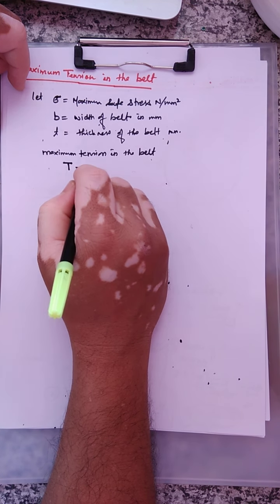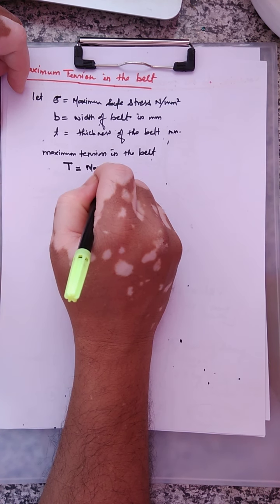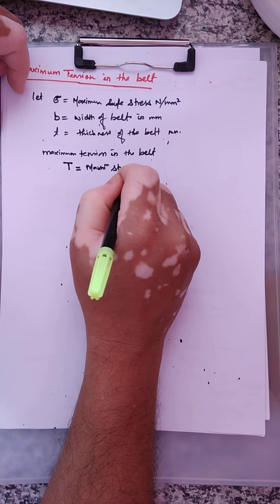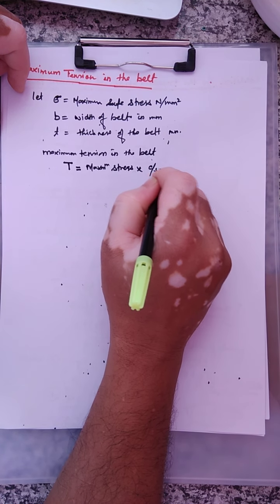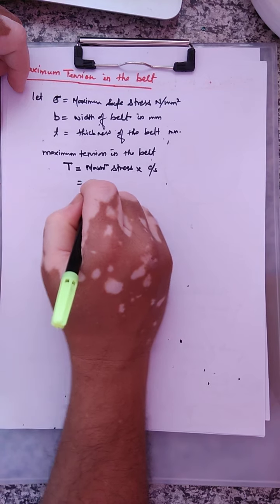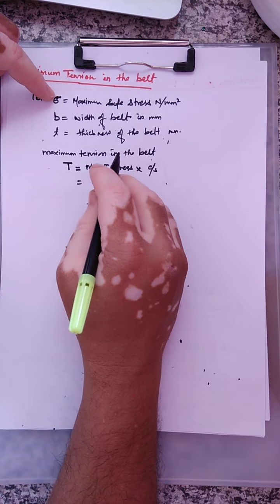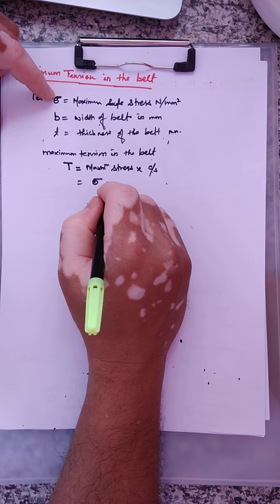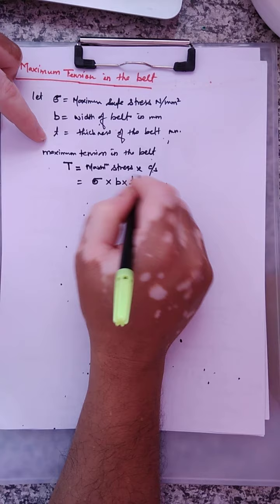When we calculate T, the formula is maximum stress into cross section area. Maximum stress will be sigma, and cross section area will be b into t, width and thickness.